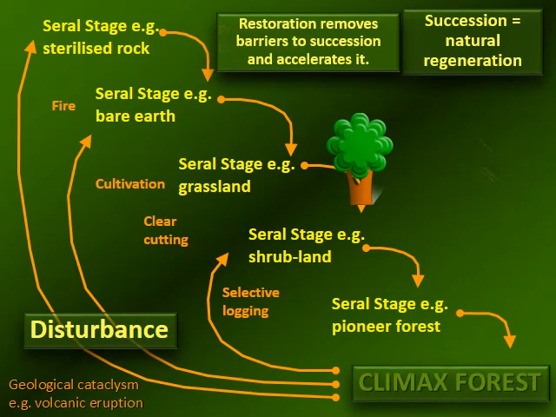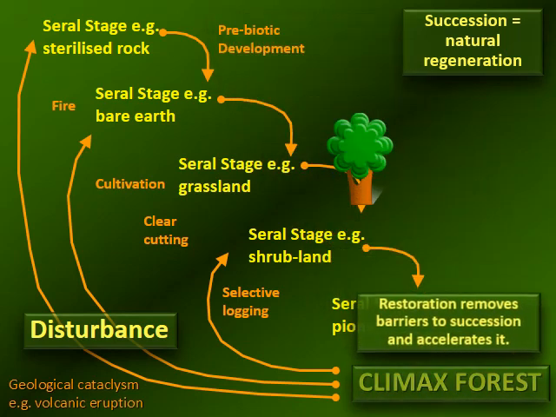So, for restoration, we try to remove those barriers and then drive the process of succession forwards at a rate which we hope is faster than nature would be able to manage on her own if all those barriers had remained in place.